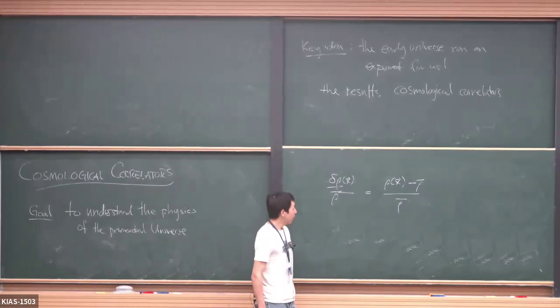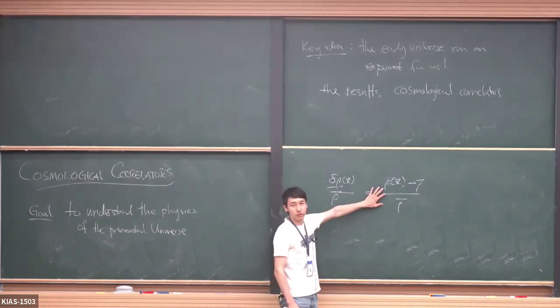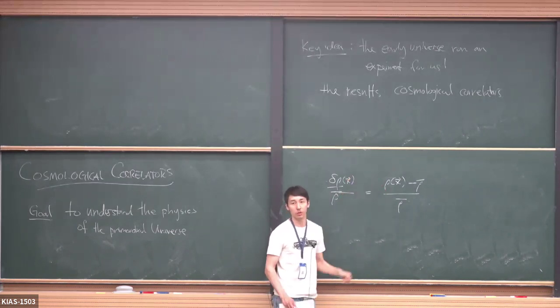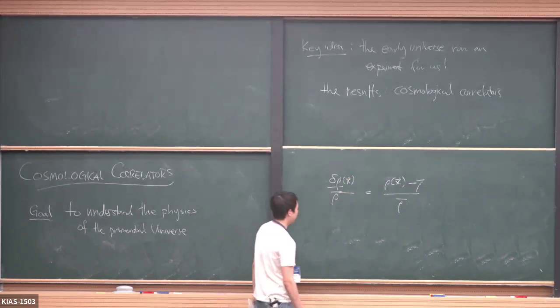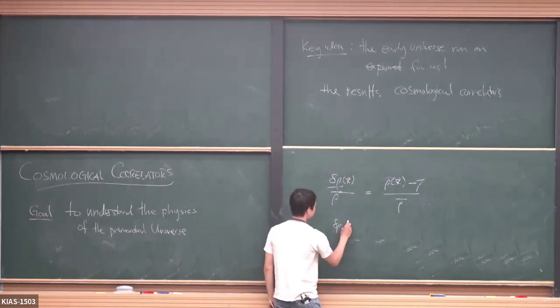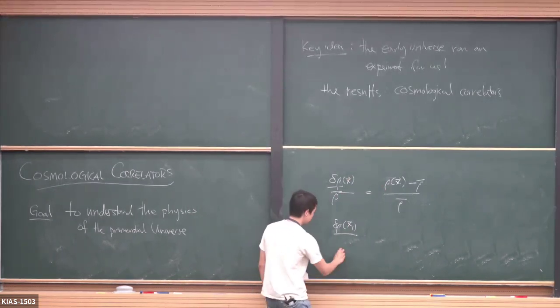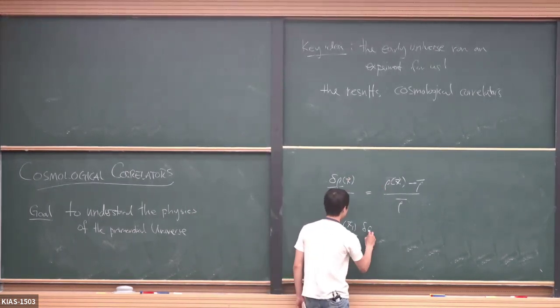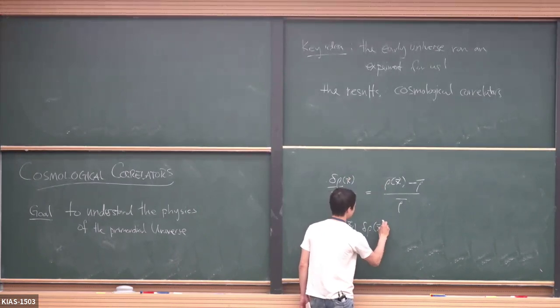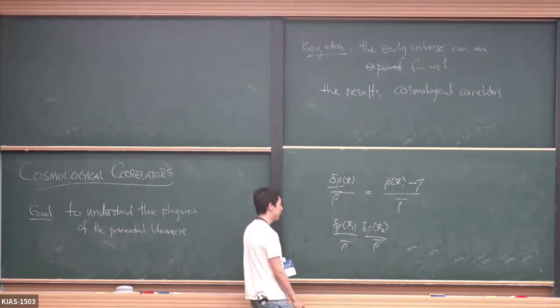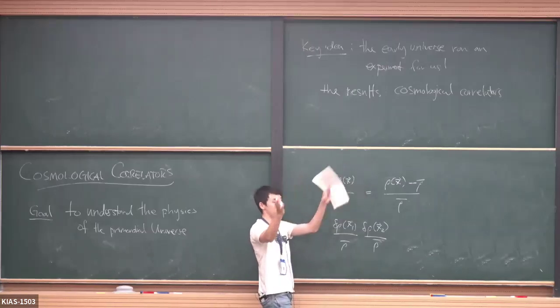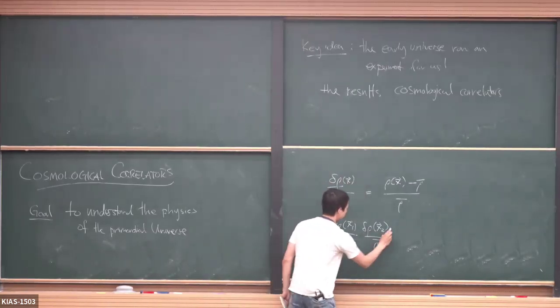But we are not necessarily interested in the density of the matter at some specific location, but we are instead interested in statistical patterns. So what we can do is to take this density perturbation at some position x, and then multiply by the density perturbation at some different position x2, and then we take this product and average over the entire sky.